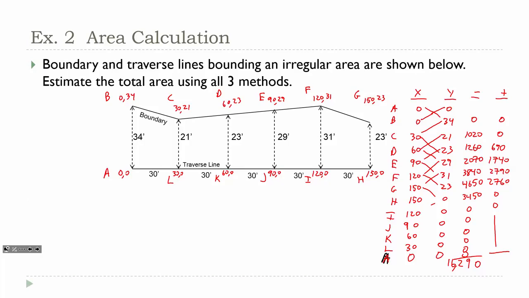So then summing that one, 7,980. Taking the difference between those two, 16,290 minus 7,980, divided by 2, gives 4,155.